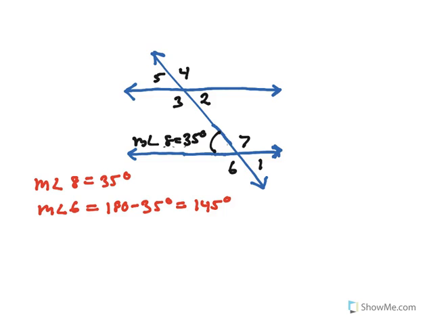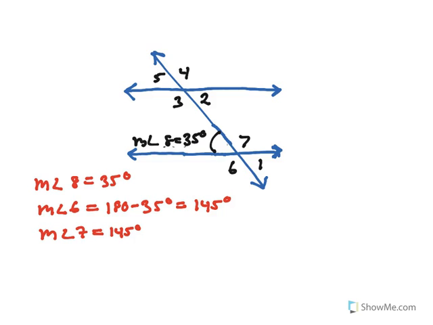And now we want to find angle 7. Well, angle 6 and 7 are vertical angles. So if angle 6 is 145 degrees, then the opposite angle, 7, would equal exactly 145 degrees as well. Now look at angle 2.